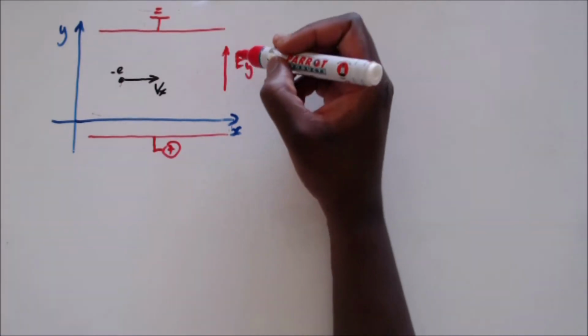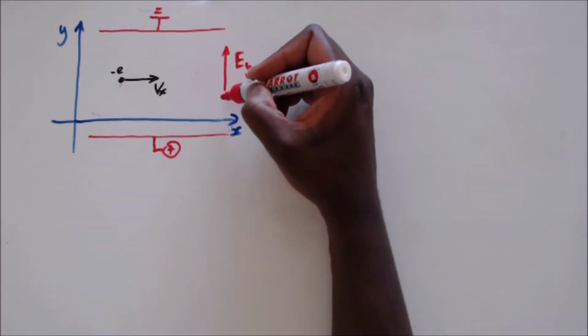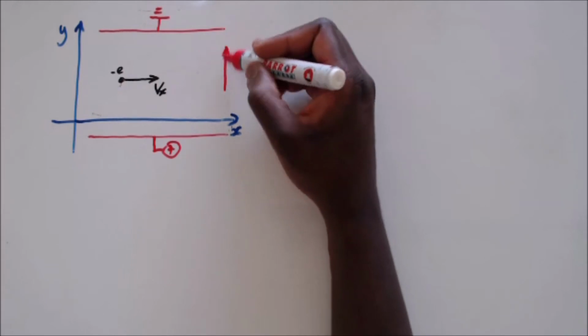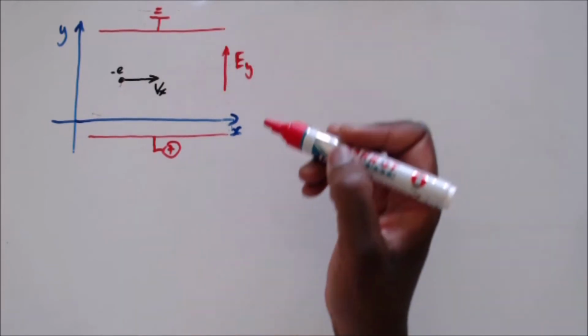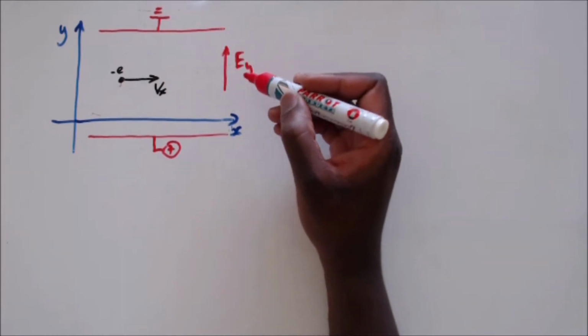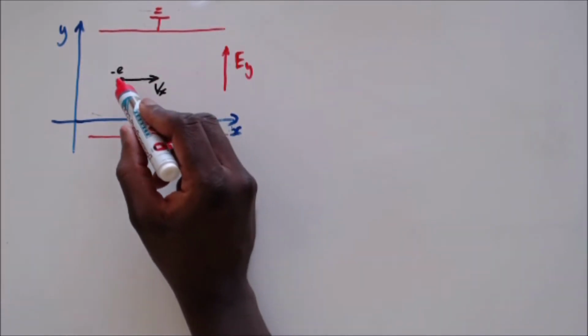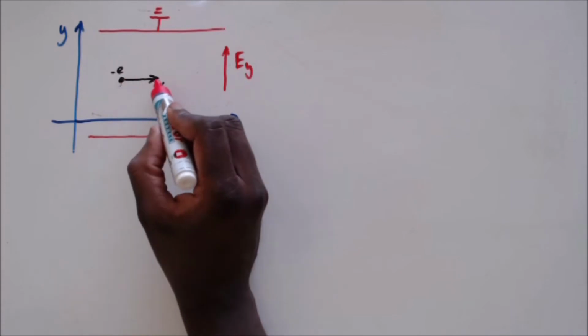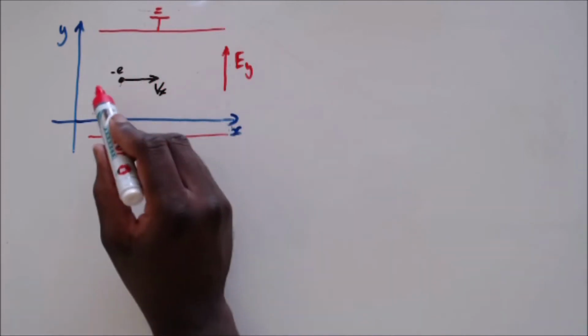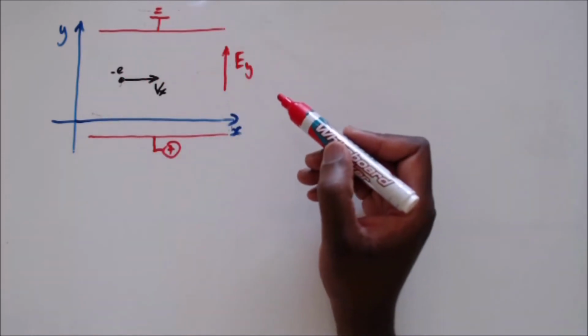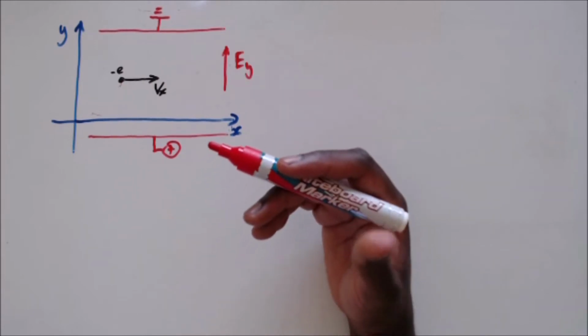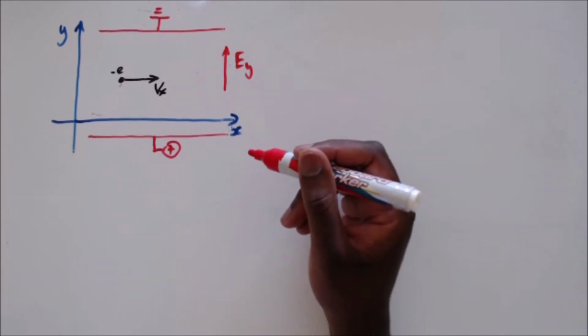Then we've got an electric field which is directed in the Y direction. This electric field is directed upwards over there, and we call it EY. We've got our electron, and in this setup, the electron has an initial velocity Vx. So Vx shows the velocity vector of the electron at the beginning of time.